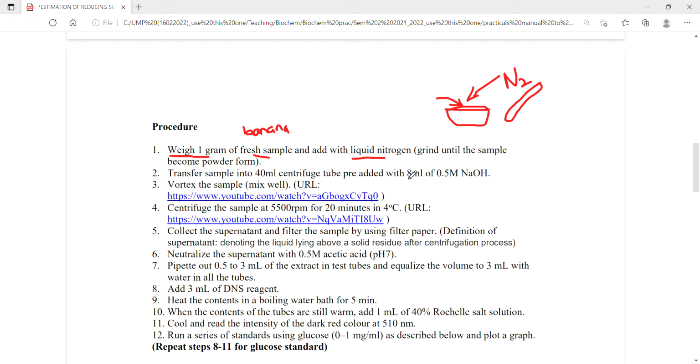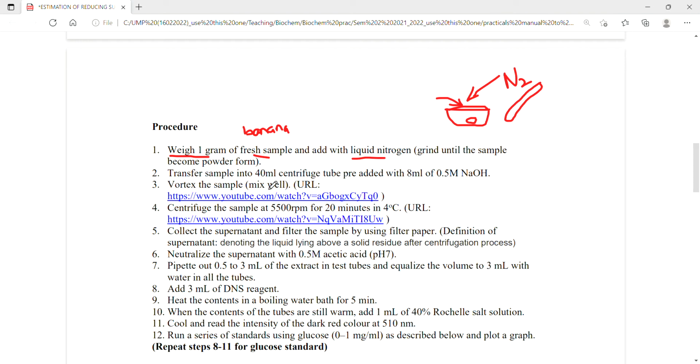It's like in the Terminator movie. So that's what we are doing. We put the banana in, add liquid nitrogen, and then hit it with the pestle, and it will break, hopefully breaking the cell membrane and exposing the inside content which has the reducing sugar.